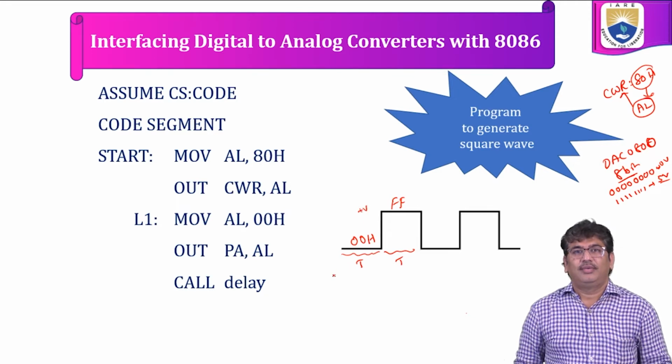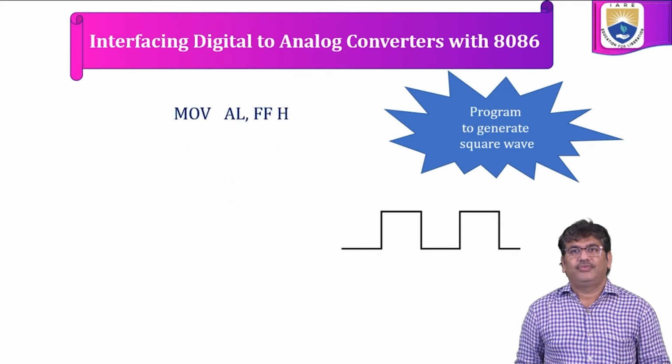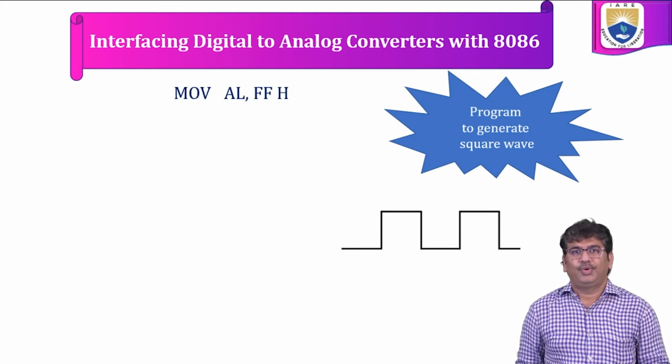For making the output voltage plus 5 volts, we have to move the FF value into port A. For updating port A with FFH, first we will write MOV AL, FFH. This value we have to pass to port A by using the instruction OUT port A, AL.